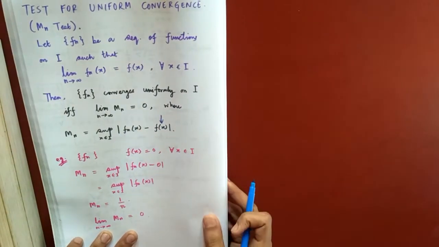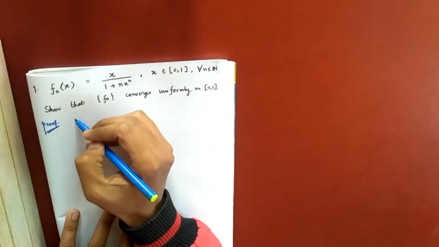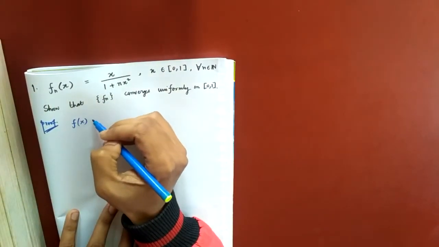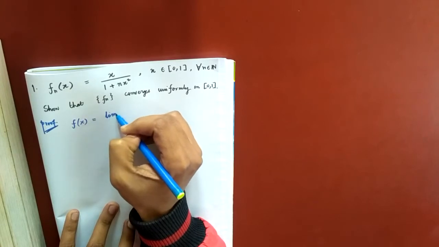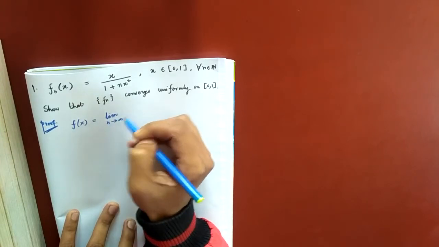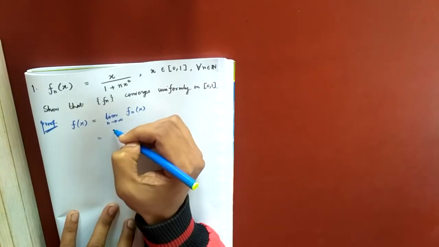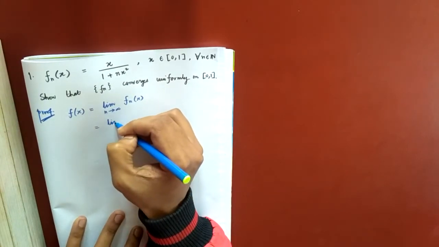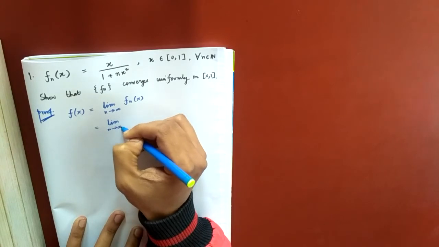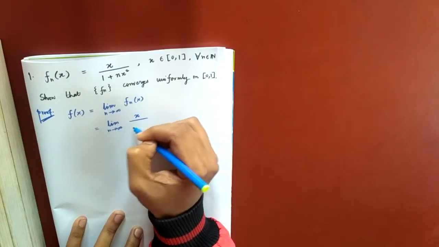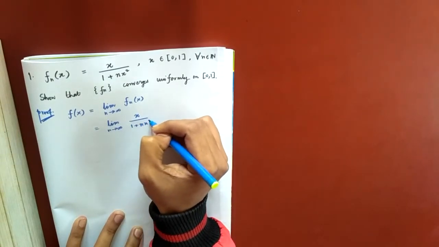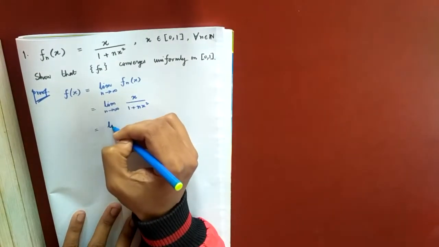And what was f(x)? f(x) is the pointwise convergence. So f(x) is nothing but limit n tends to infinity fn(x). This is the definition of f(x). This is x by 1 plus n x square divided by n.